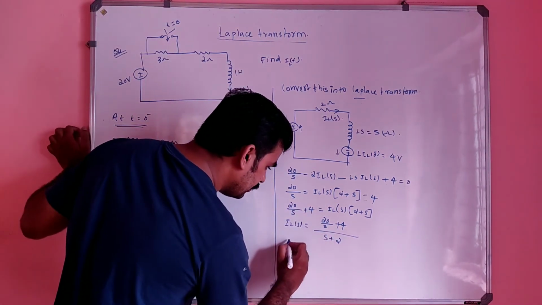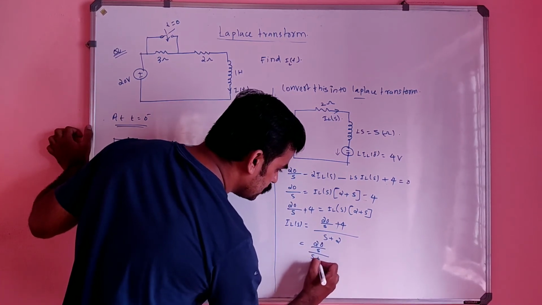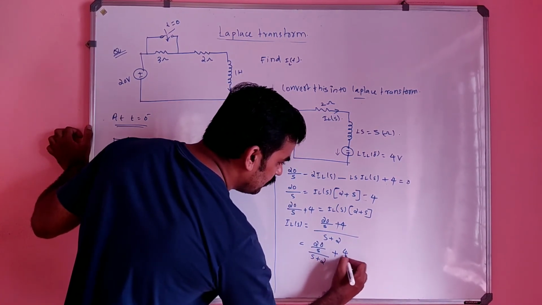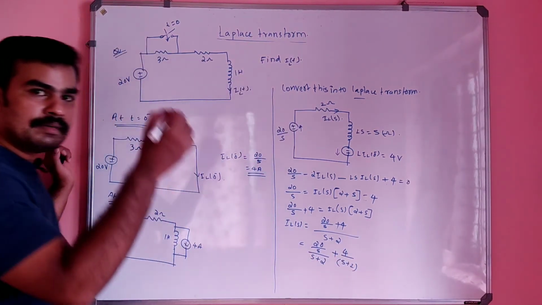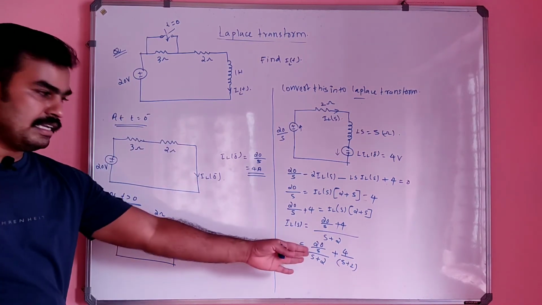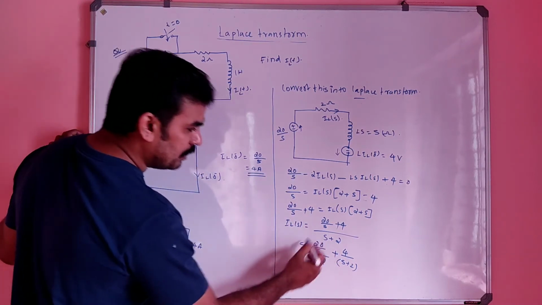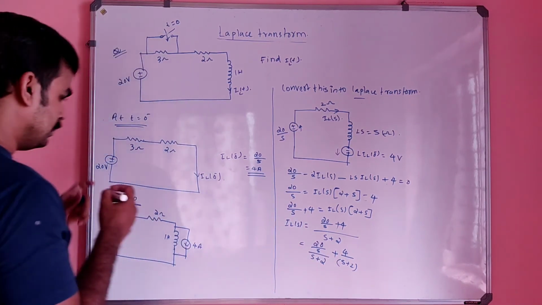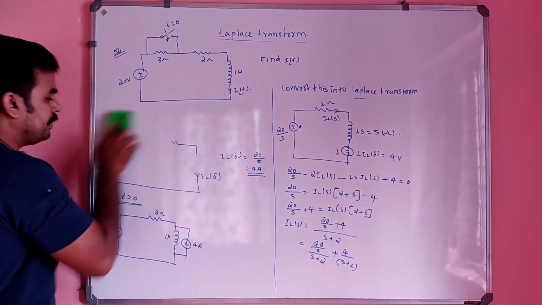Then simplify again. 20 by S divided by S plus 2, plus 4 divided by S plus 2. See, this section is in the form of something divided by S plus something, so we can easily take the inverse Laplace transform. But this first term is a bit complicated, so we can convert it into a simplified form.